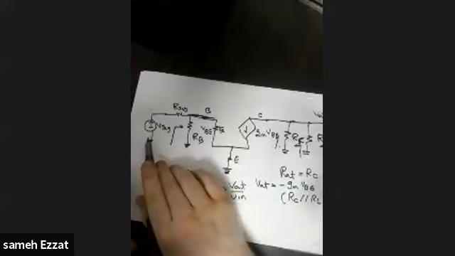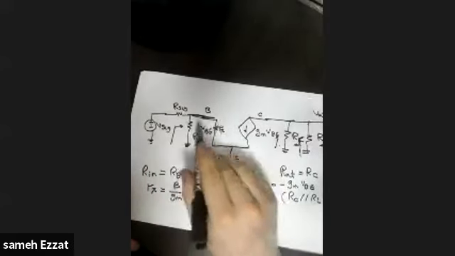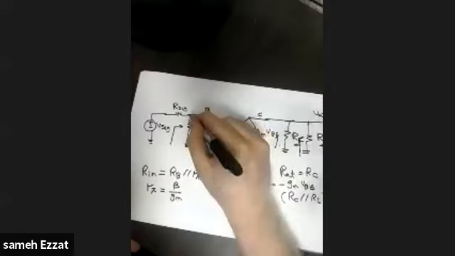Let's see. We have an input voltage, which is V swing, and then we have one resistance, R swing, and two resistances in parallel. So it's very simple. It's a voltage divider equation.